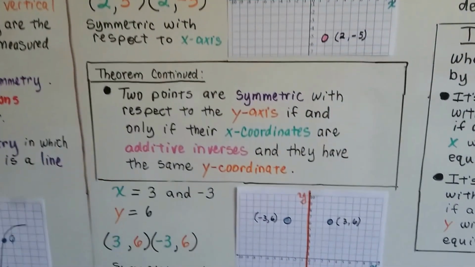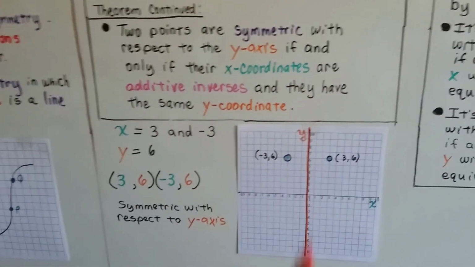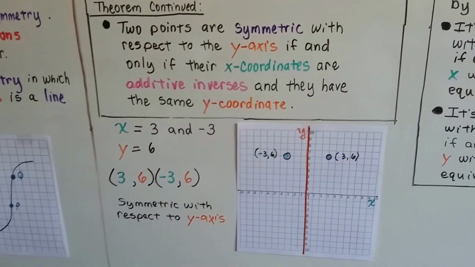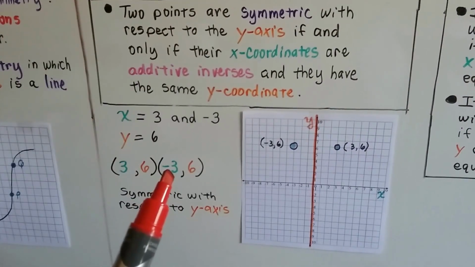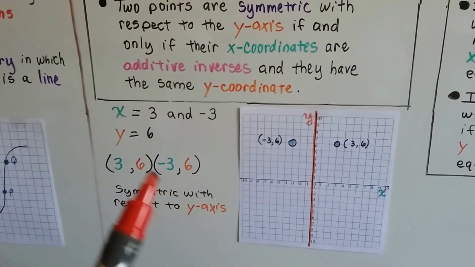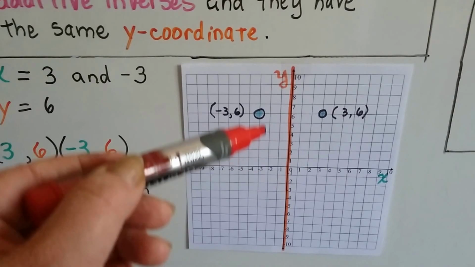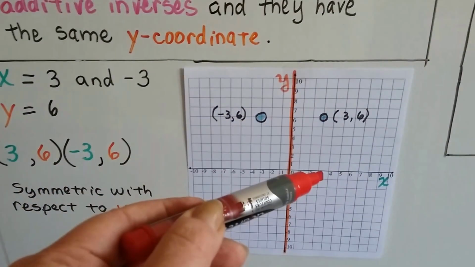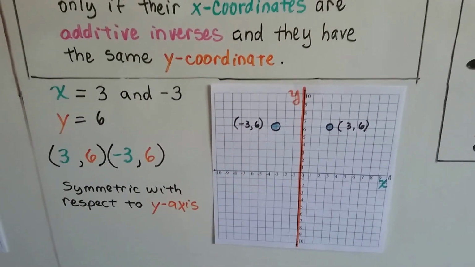So also, 2 points are symmetric with respect to the y-axis if and only if their x-coordinates are additive inverses. So now we've got a 3, negative 3 for x, and the y is the same, a 6 and a 6. So we've got a negative 3 here, we got a positive 3 here. Those are additive inverses, and the y's are both 6. See that?